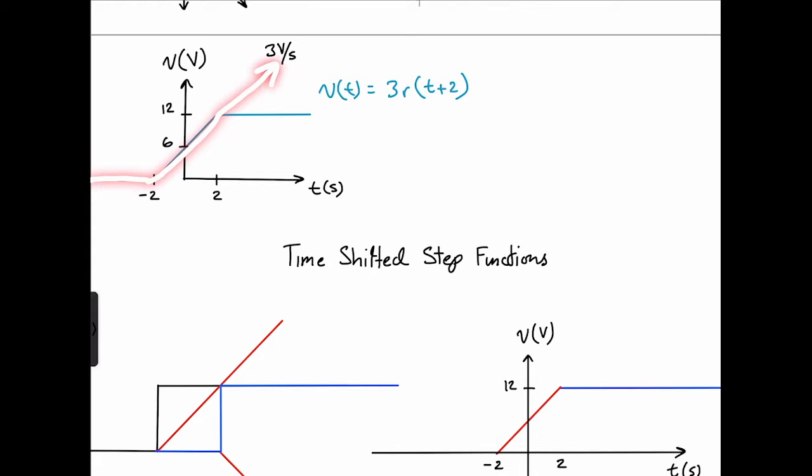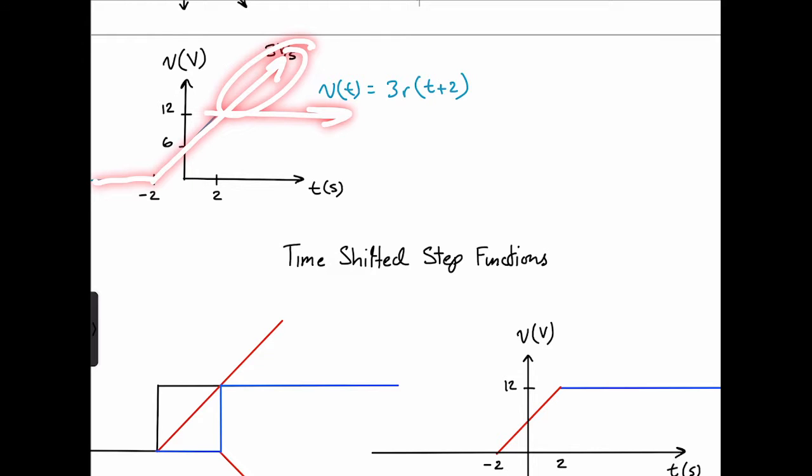So as you can see, this is the ramping function, and that ramping function is advanced in time, so that's a plus 2. It has a slope of 3 volts per second. Now we can use another ramping function, and we want that ramping function to start from 2. Why? The ramping function continues. If we want to have a constant, we want to cancel this portion of the ramping function.